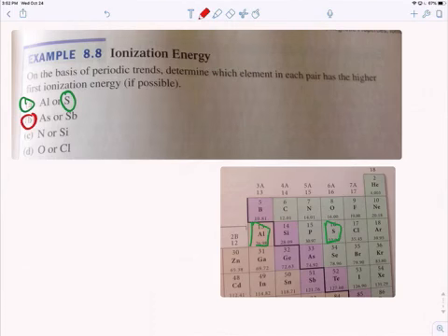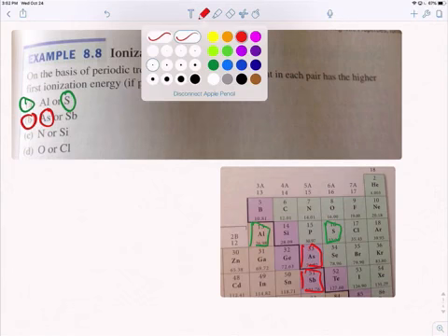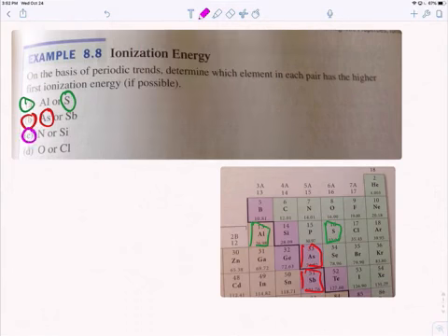Arsenic or antimony: here's arsenic, here's antimony. Arsenic is higher, so that means it's got a stronger first ionization energy. Nitrogen or silicon: nitrogen is further to the right and it's further up. It is definitely nitrogen.